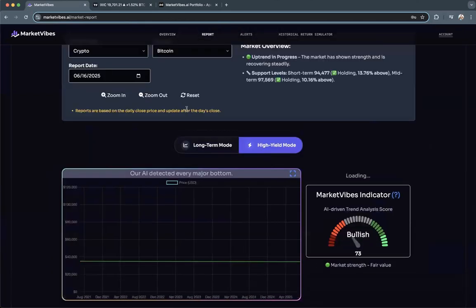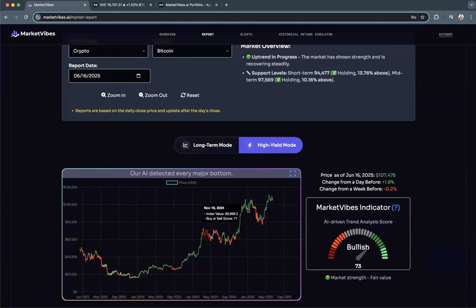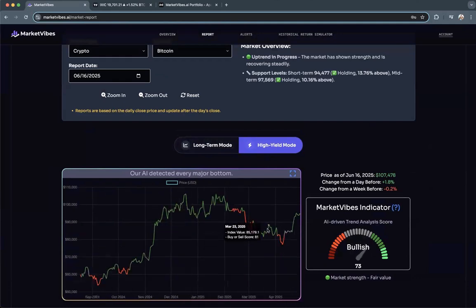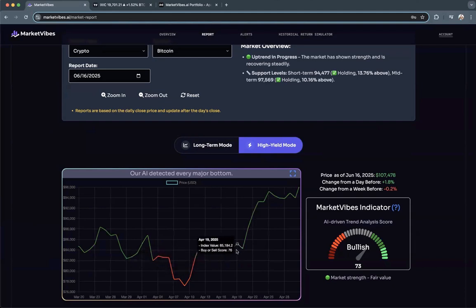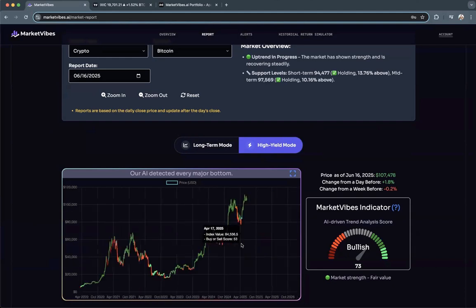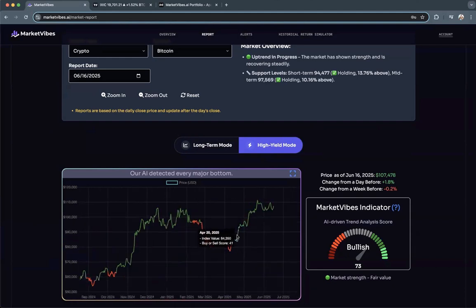If I click on Bitcoin, you can see, zooming in and out the chart, around 19th April, around 85K, Bitcoin turned green. That basically means that bullish momentum might be starting.